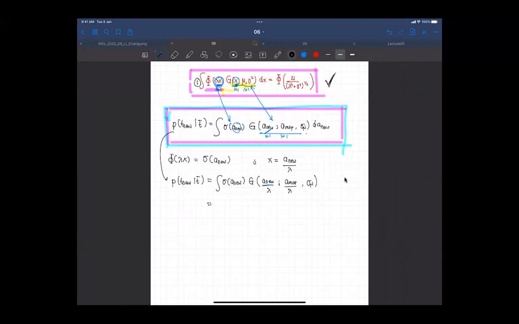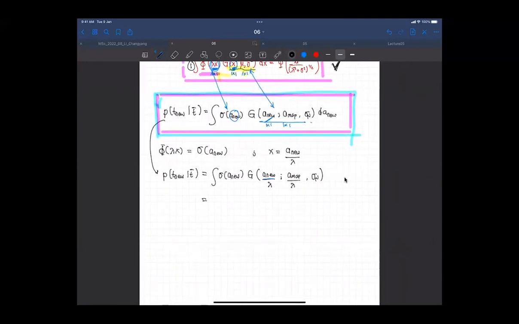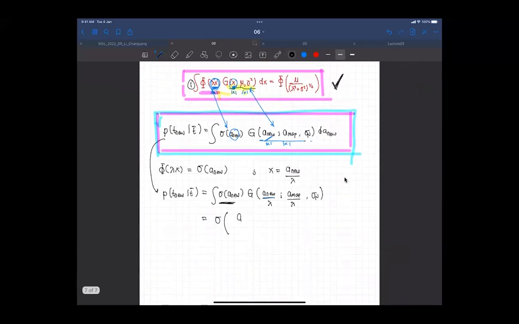here, if we can approximate the sigmoid function with probit, then we can also have sigmoid of A, because this one is mu. Mu is a MAP, divided by lambda square.